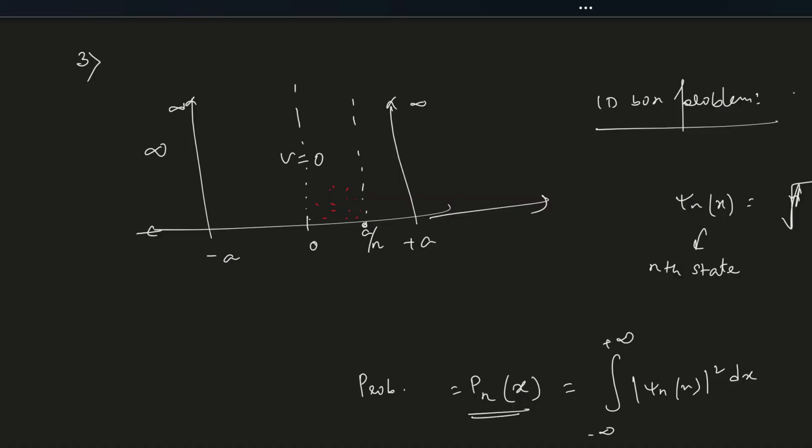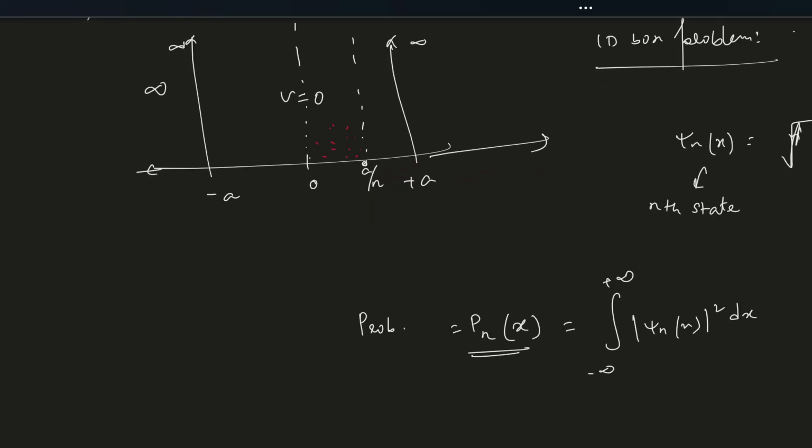Now in the question it is mentioned particularly that you have to find the probability only between 0 to a by n. So there is a particular range that is given to you. Instead of the whole range, which was anyway only going to be minus a to plus a, because the particle is confined within that space and otherwise cannot exist, the question asks to find it from 0 to a by n. The probability density is independent of the range, so that remains the same, only the limit of the integration changes.